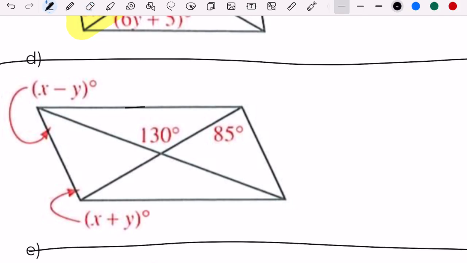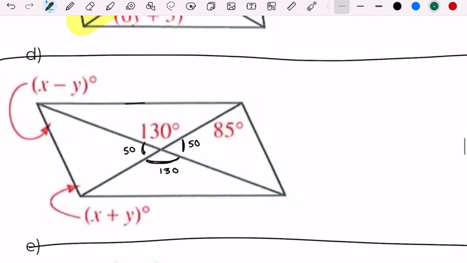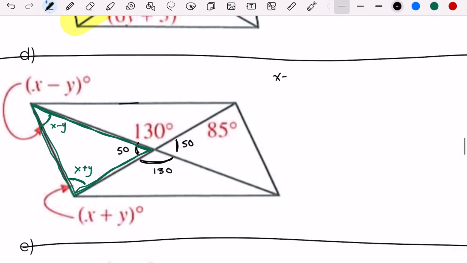Okay, great. Now for the next one, this is a harder problem. Please observe that here you have an angle of 130. Also, please observe that here and here you have angles of 50 and 50. So first of all, I want you to look at this triangle. This angle is x minus y, and this angle is x plus y.